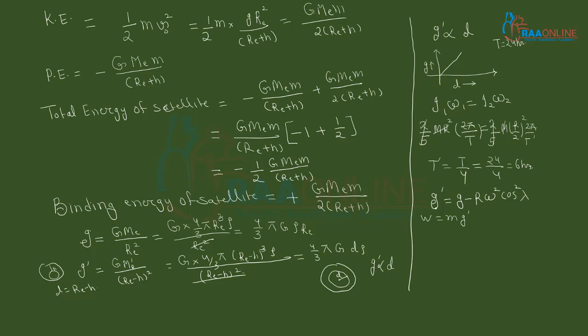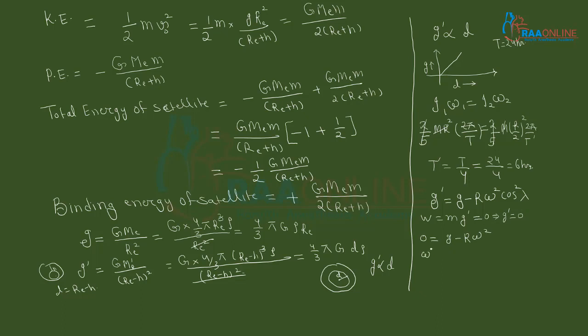So what they are saying, they should become weightless, but mass is there, because matter is there, it is 0, it means we want g dash to be 0. Putting g dash 0, if we are on equator, lambda is again 0.